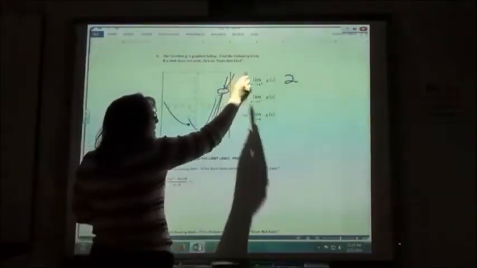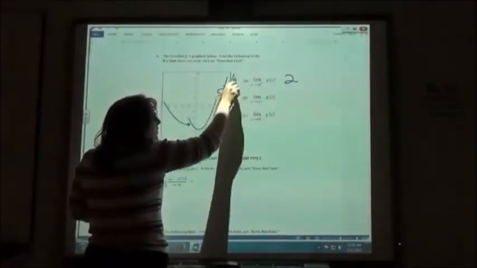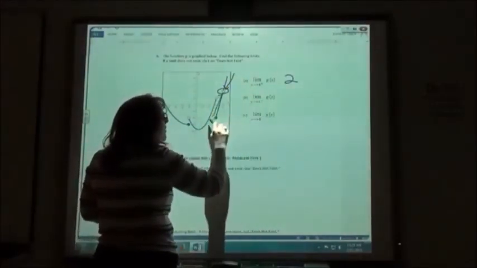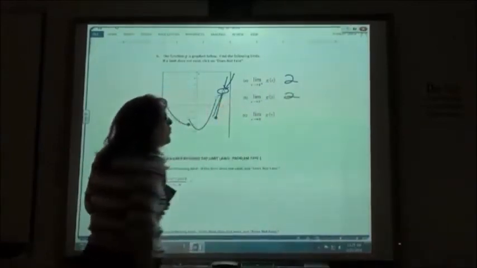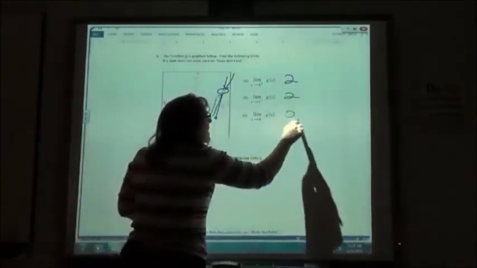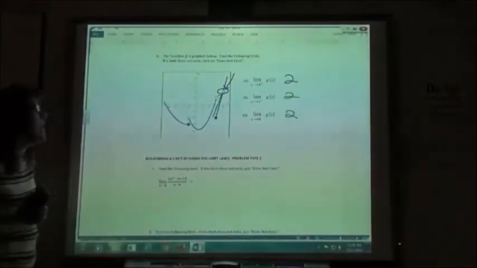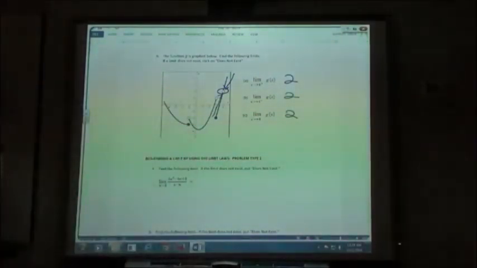So here, when they say coming from the positive direction, I'm coming from the right side. When they say coming from the negative direction, I'm coming from the left side. I'm approaching 2 for both of those. So this time we can say, oh yes, this one does have a limit as x approaches 4, both from the positive direction and the negative direction, or both from the left and the right, they're both coming towards 2.